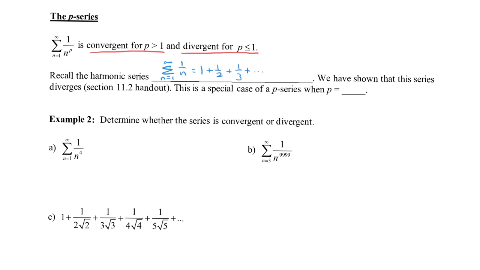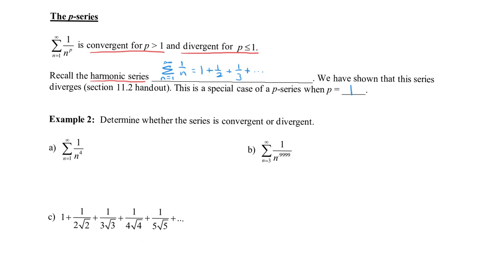We've shown that this series diverges. We show that on the handout. And this is a special case of a p-series when p equals 1. So the harmonic series, which is a famous series, happens to be a special case of the p-series when p equals 1, which you can see if p were equal to 1 here, we'd have 1 over n, which is exactly what we've got.